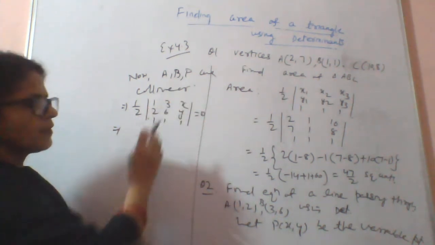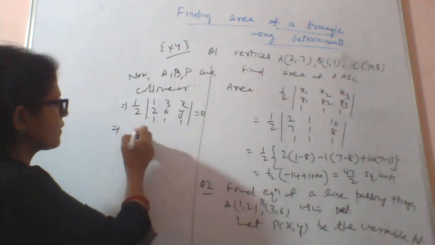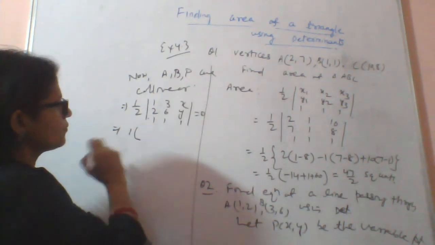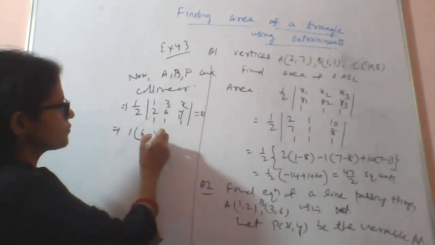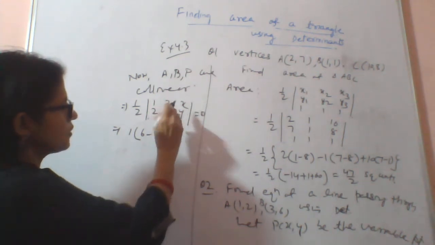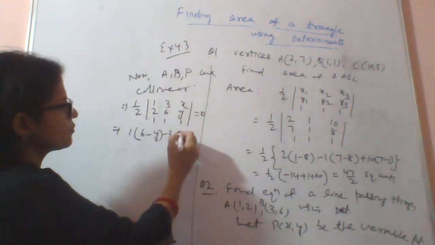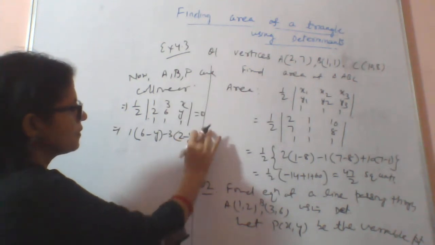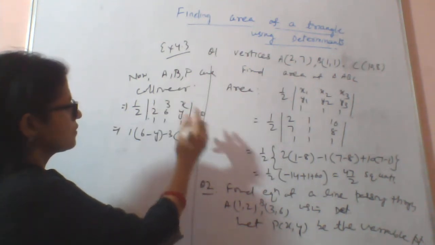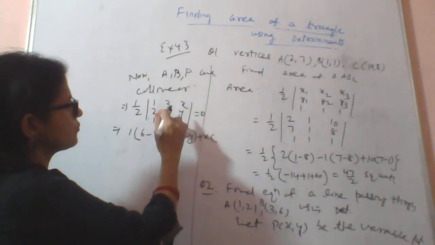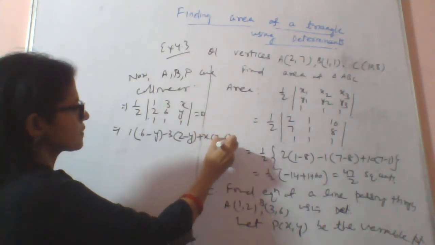It means the determinant is 0. So I can take here 1 into (6 minus y), minus 3 into (2 minus y), and here plus x into (2 minus 6).